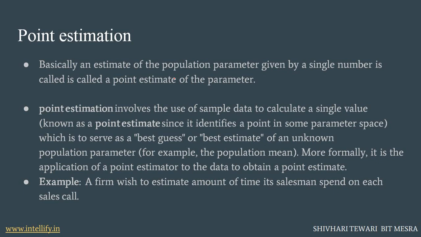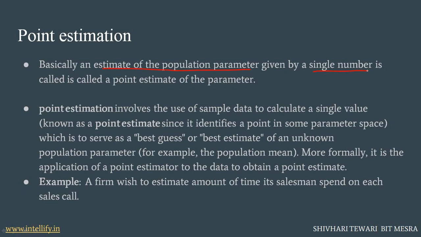Now, what is point estimation? Basically, an estimate of a population parameter given by a single number is called a point estimate of the parameter. A single number, a single result, can give the estimate of the whole population parameter, and that is called point estimation.